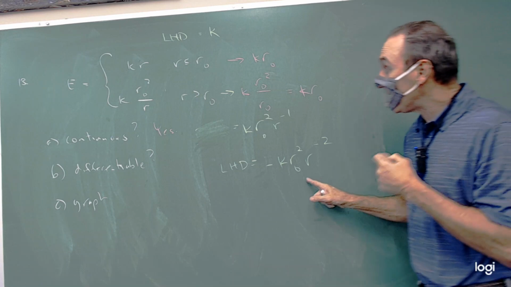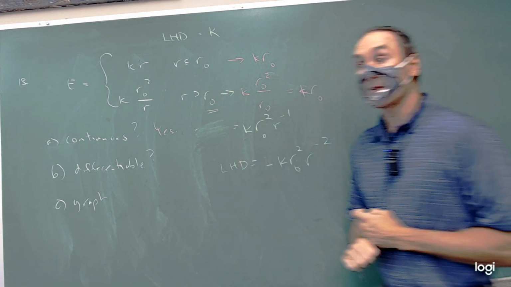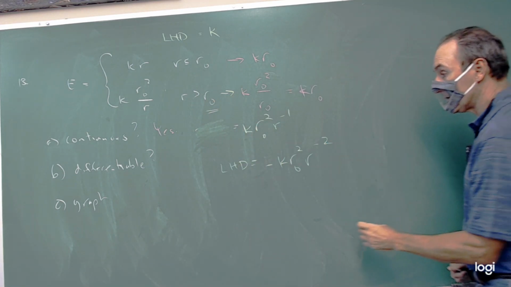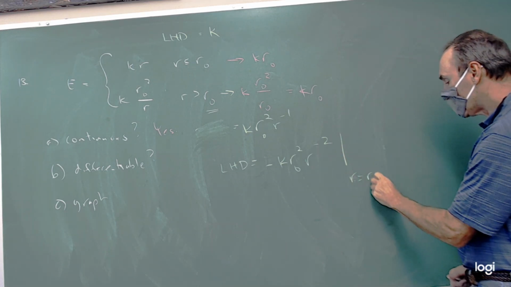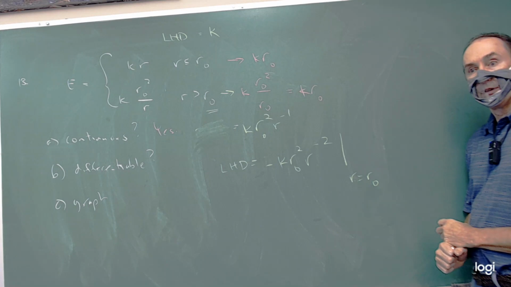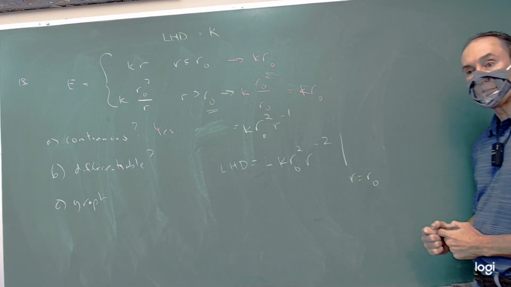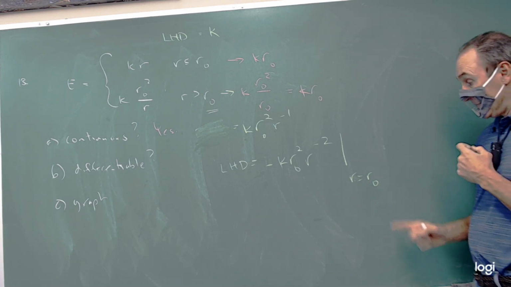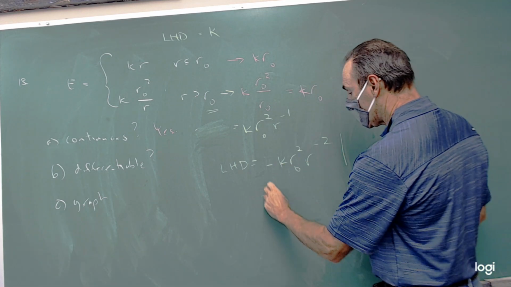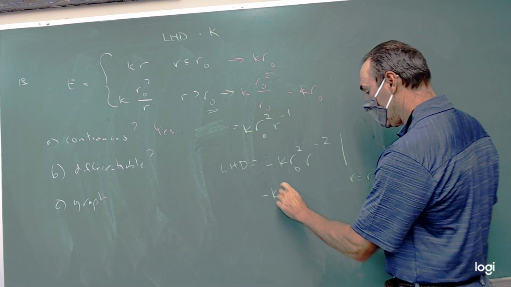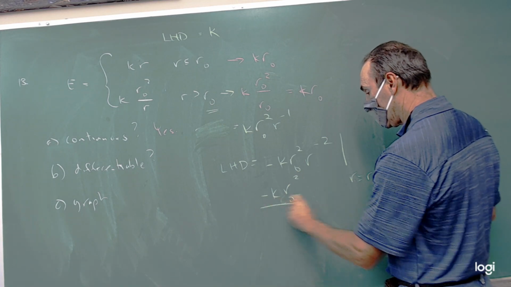We're going to evaluate that at r sub 0. So I'm going to say at r equals r sub 0. It's some kind of calculus notation to show evaluation. So now maybe first I'm going to write this as negative, going back to the fraction notation there.